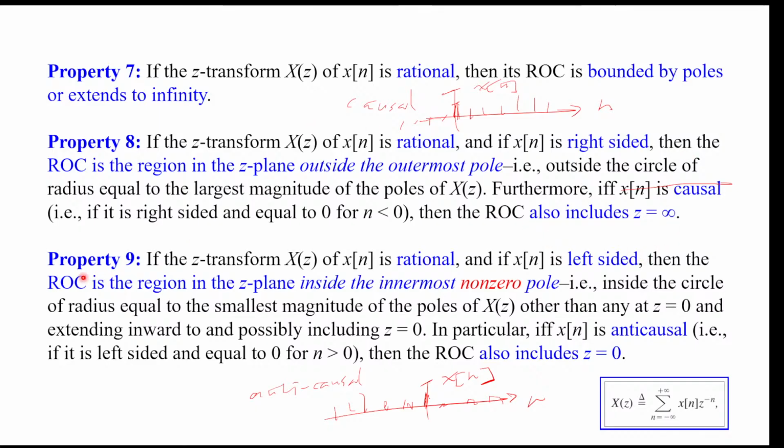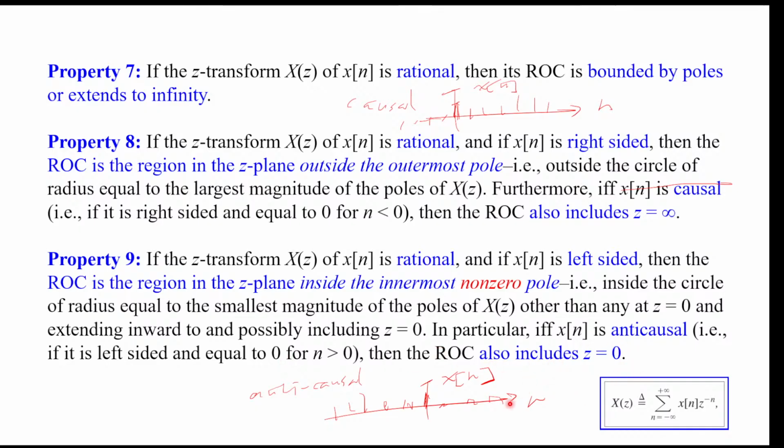And similarly for property 9, if our X of z is rational and its time domain function is left-sided, then the ROC is inside the innermost non-zero pole. So we don't count the zero pole. Also, whether z equal to 0 is inside the ROC is something you need to check.